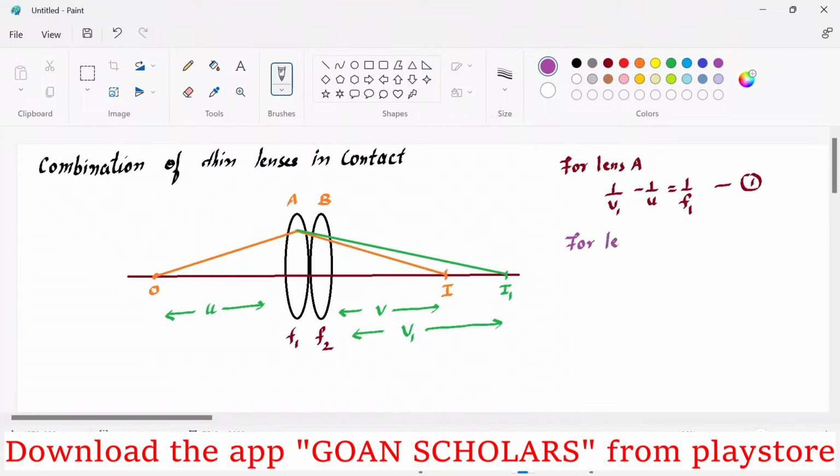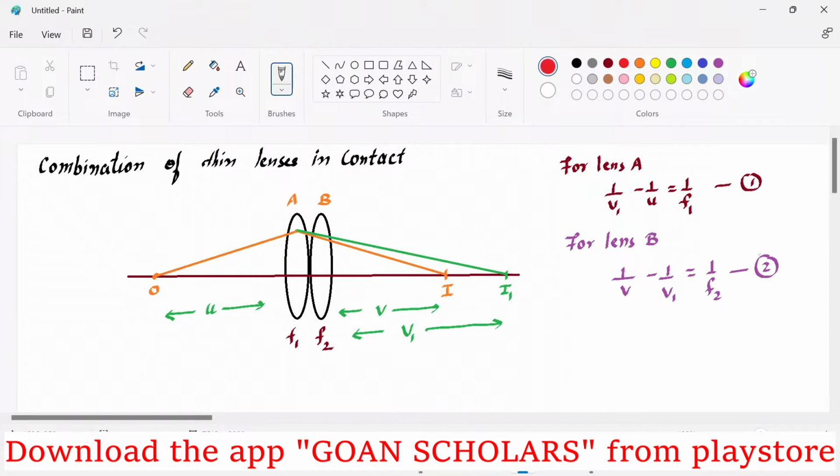So for lens B, 1 by V minus, this is what? This is the final image, 1 by V1. Why 1 by V1? Because this is acting as an object for the second lens, equals 1 by F2. This is equation number 2.